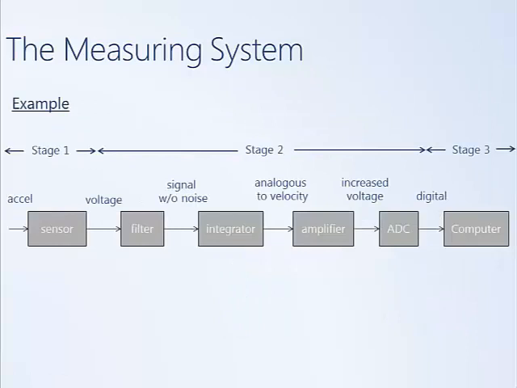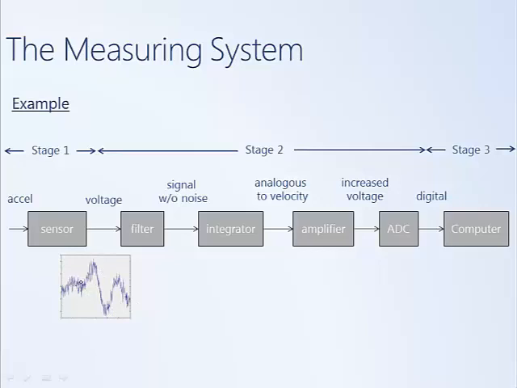So here's a specific example of a measuring system with the 3 different stages. The first stage is the sensor, where our sensor is an accelerometer. Let's say that this sensor is attached to our vehicle, and as the acceleration of the vehicle changes, the sensor generates a voltage output. And if we look at this, it turns out that the signal is noisy.